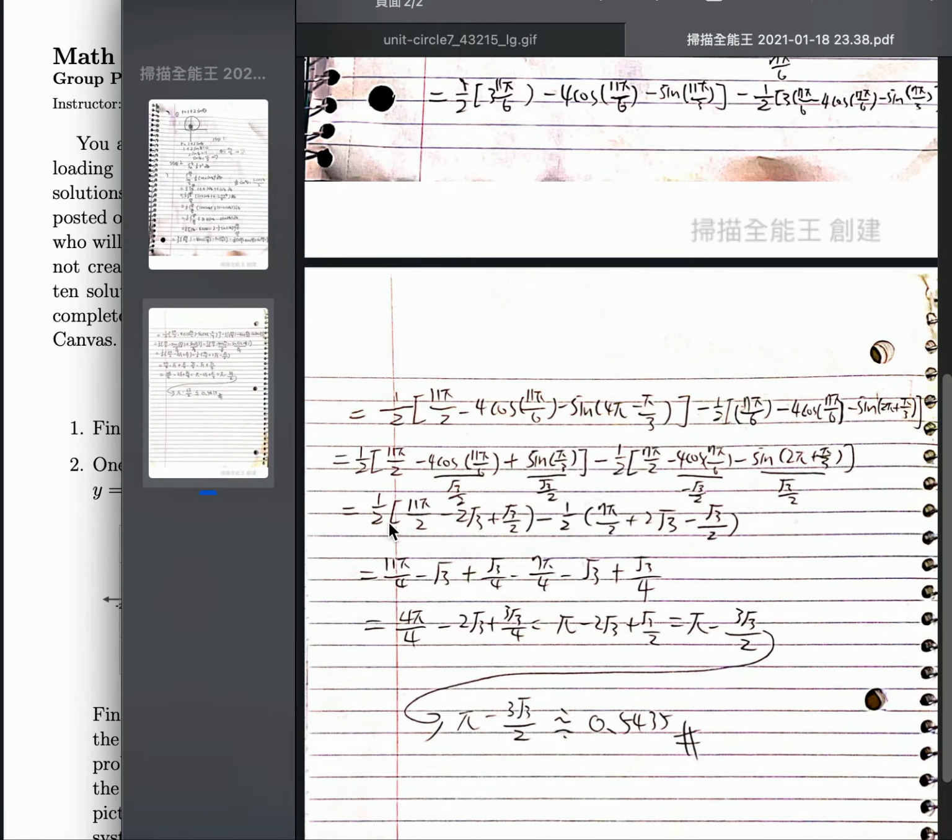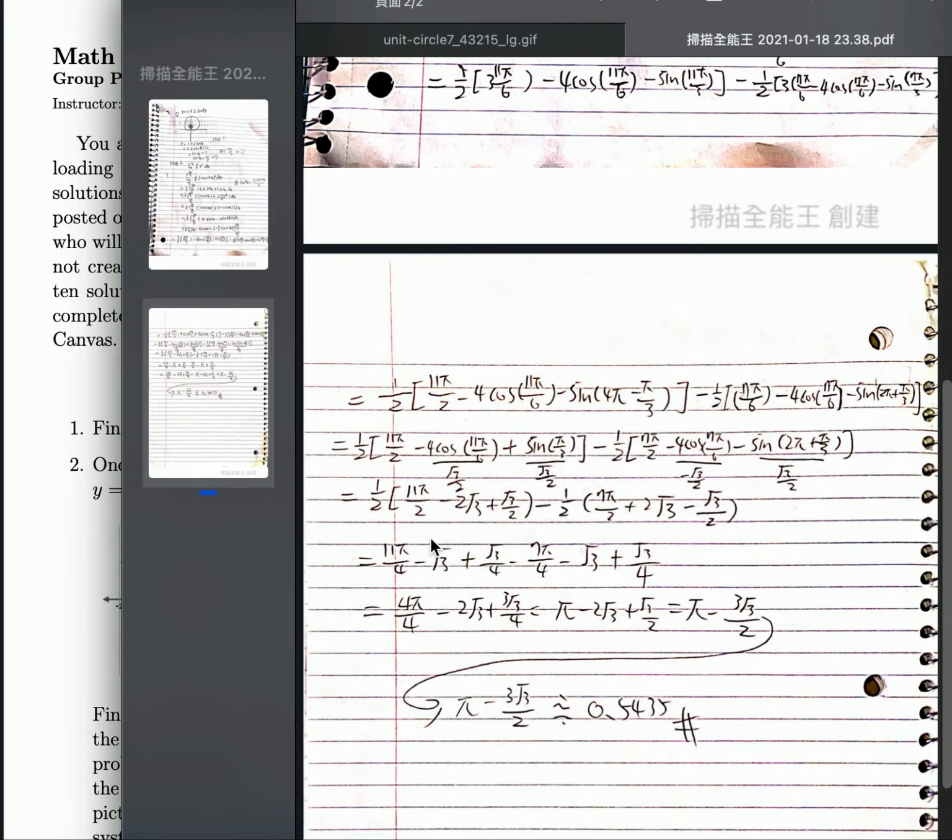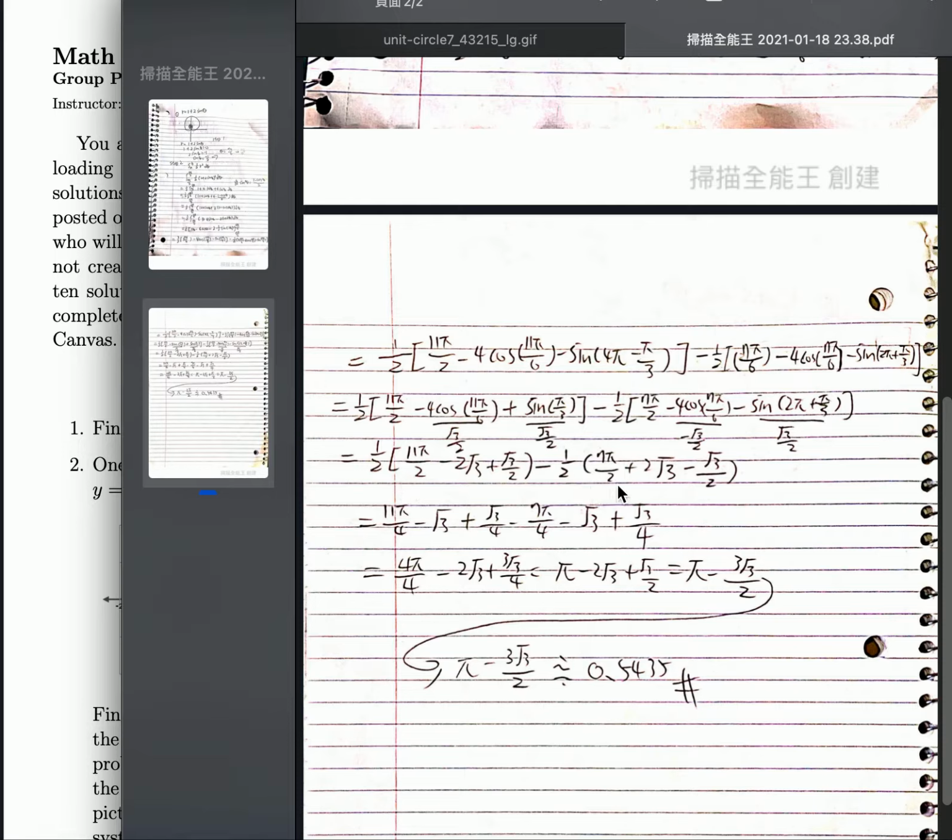So now we got 1/2 (11 pi over 2, subtract 2 square root 3 plus square root 3 over 2), subtract 1/2 (7 pi over 2 plus 2 square root 3, subtract square root 3 over 2).